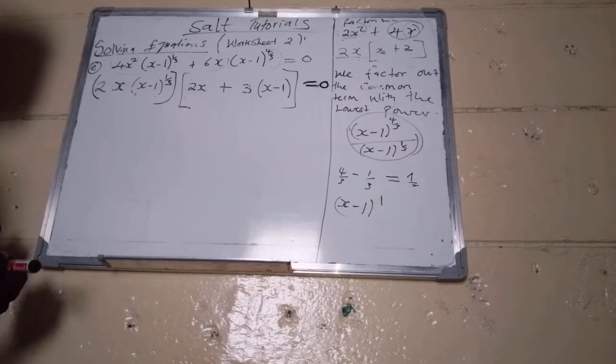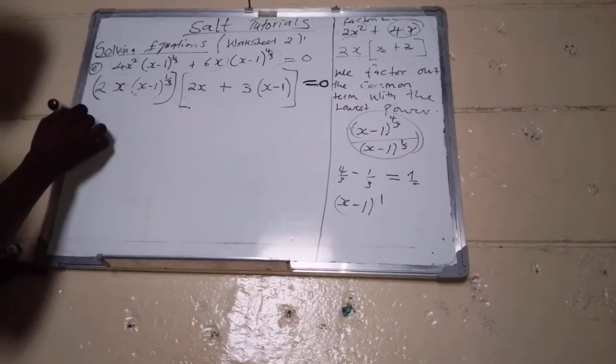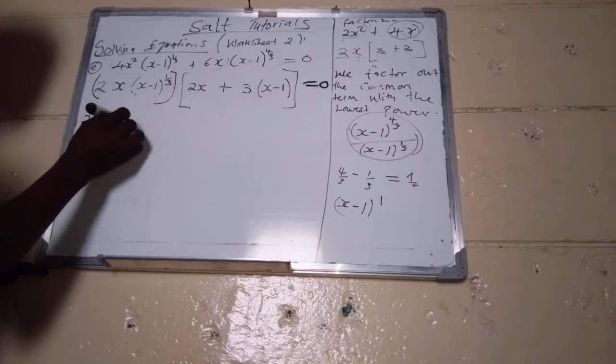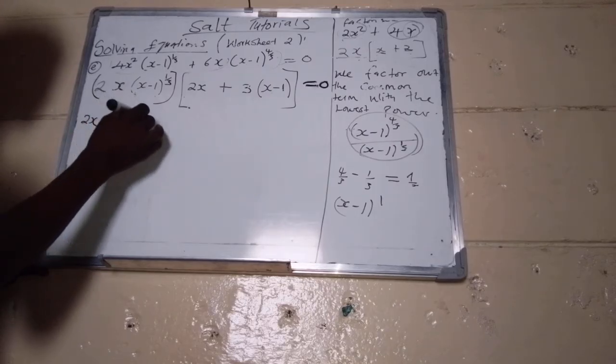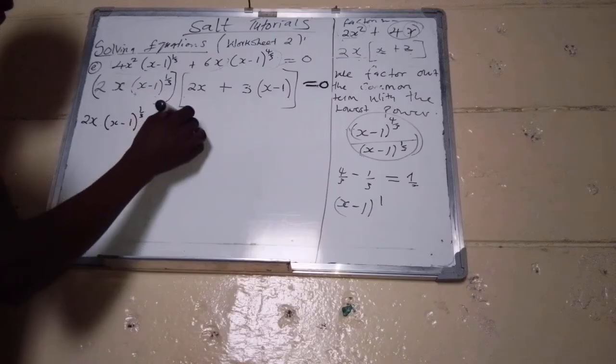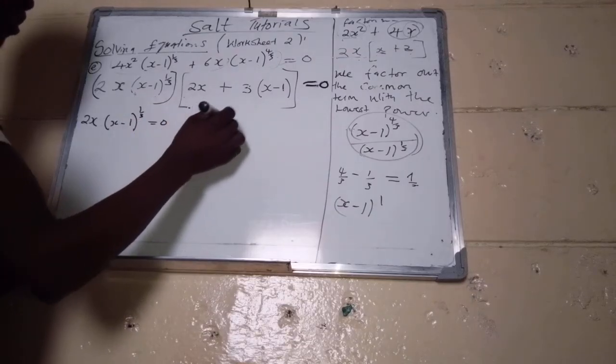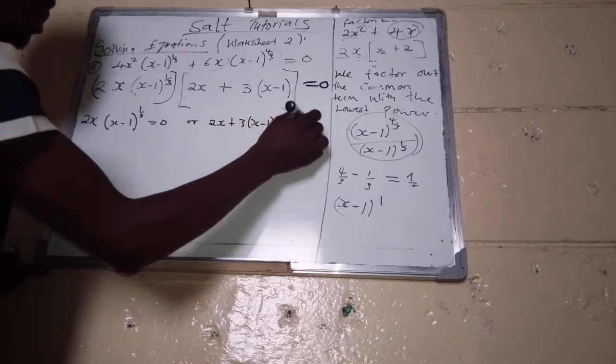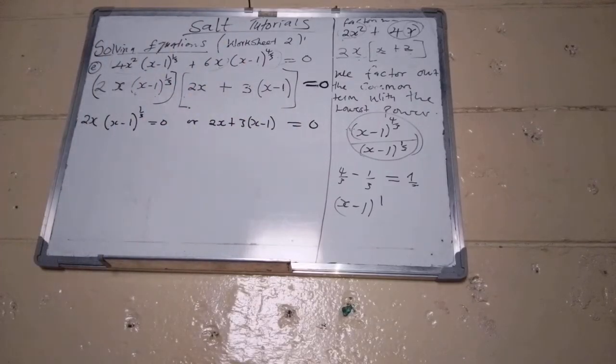We have 2x(x minus 1)^(1/3) to be equal to 0, or we have 2x plus 3x minus 1 to be equal to what? 0. So that we can now solve for x there. Solving for x, what am I going to have?